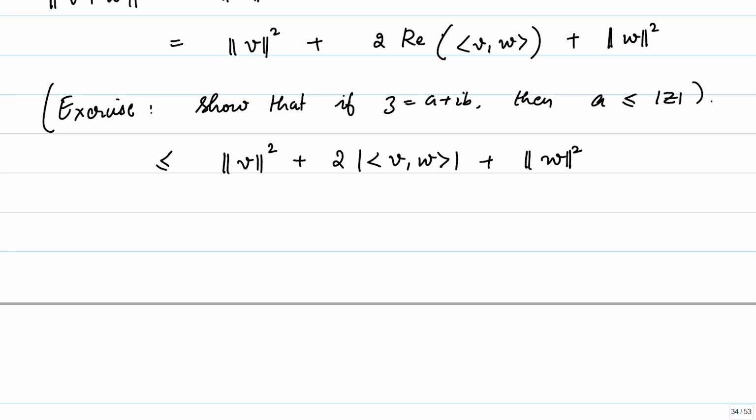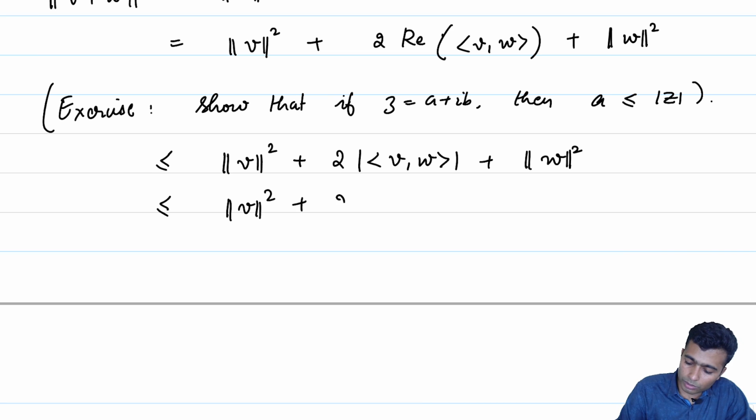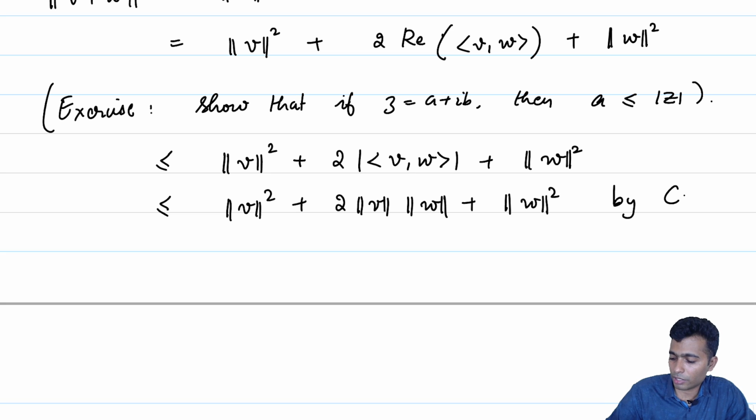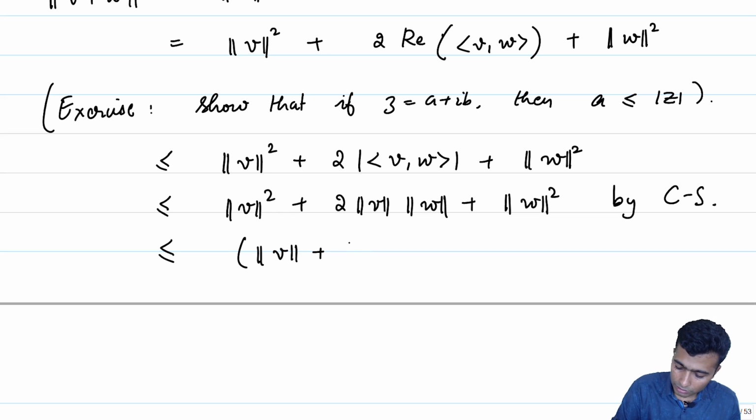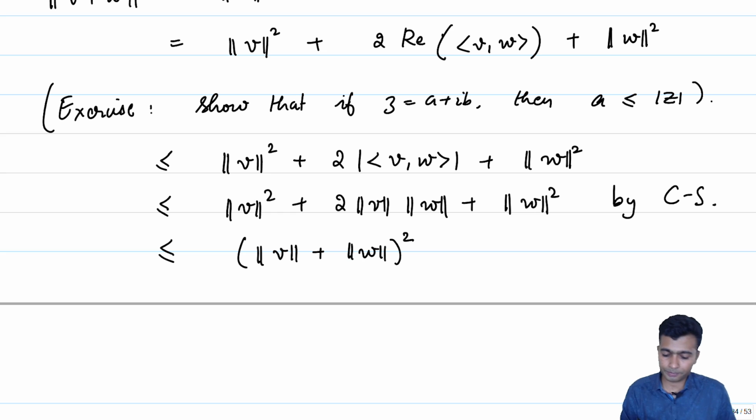But what do we know about the absolute value of the inner product of V and W? It will be in the disk with center at 0 and radius length V times length W. So this is less than or equal to, by Cauchy-Schwarz, 2 times the length of V times the length of W plus the length of W square. Let me write just CS for Cauchy-Schwarz. And now the right hand side is just the length of V plus the length of W the whole square.